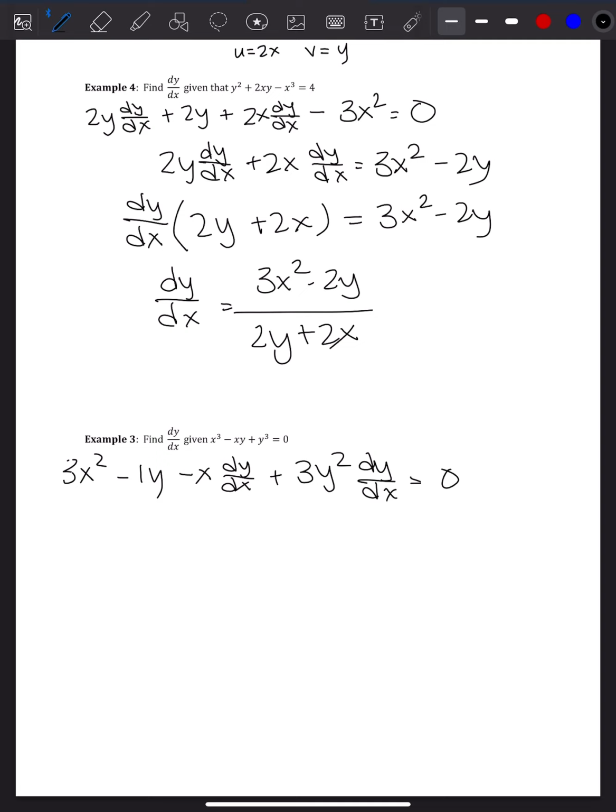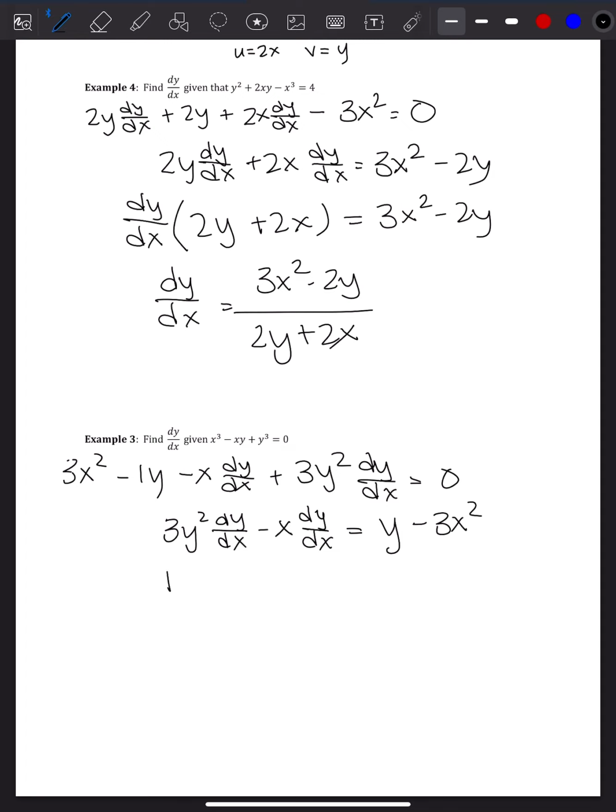So now, just like we did before, we move everything that's not dy over dx to the other side. I'm going to move some stuff around so that our negatives are not in a weird spot. So 3y squared dy over dx minus x dy over dx equals y minus 3x squared.